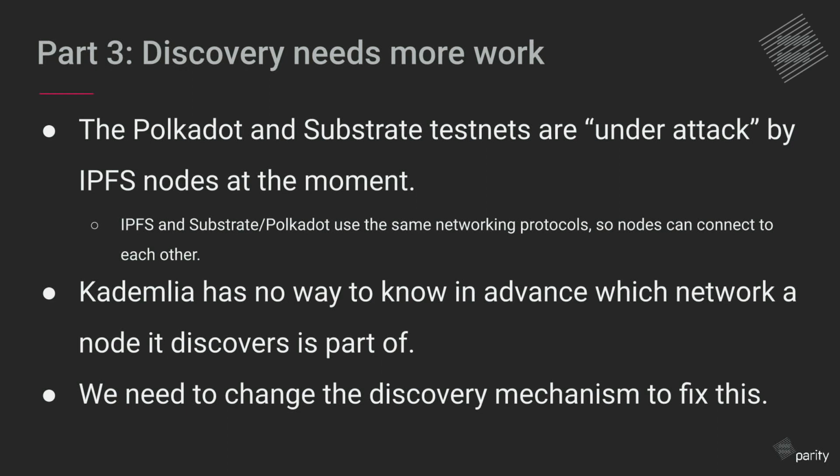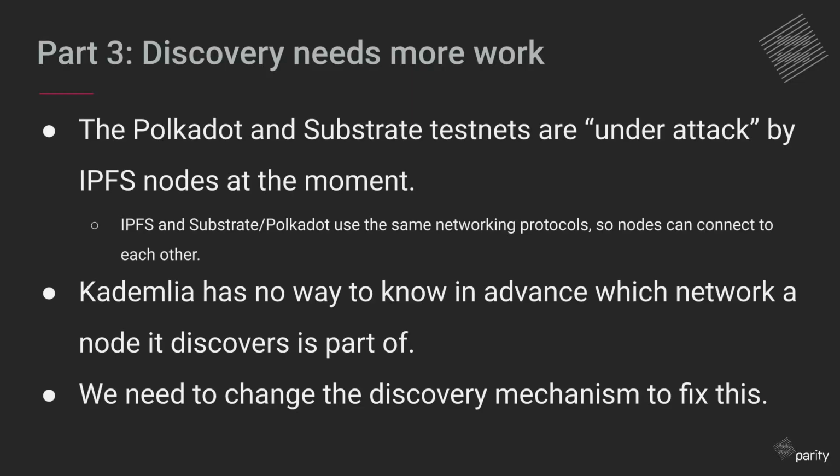Polkadot and Substrate are under attack by IPFS nodes at the moment. I don't know if you know that, but we accidentally connect to IPFS nodes at the moment. That's actually a problem we need to solve. Why is that? Because IPFS and Substrate use the same networking protocol, and so at some point, some person probably tried to write the address of an IPFS node into Polkadot, and he connected, and since then they exchange information, and the two networks are interconnected.